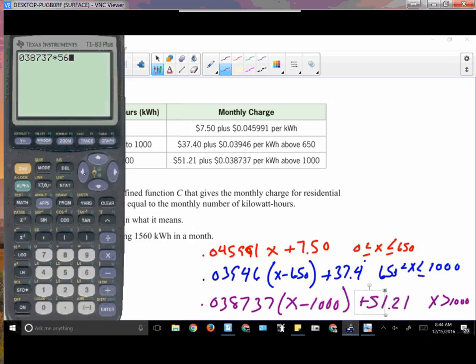Yeah, that would cause a wee bit of a problem, right? Nope. Right? Yep. So, that's another $21 plus the base charge of 51.21. So that would be $72.91 or 90 cents. That's what it would cost me for using 1,560 kilowatts in a month.